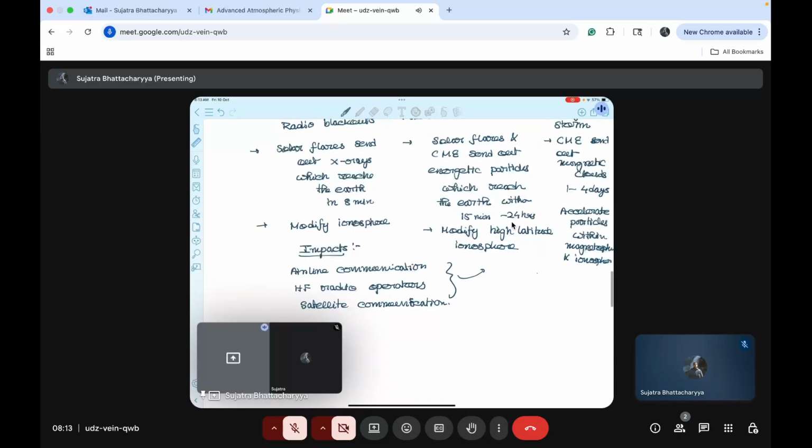Here the impact for this is high frequency radio communication, GPS and aurora.